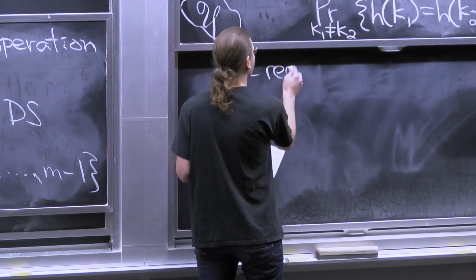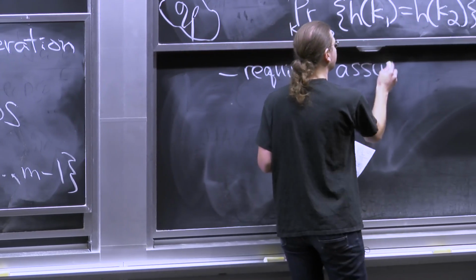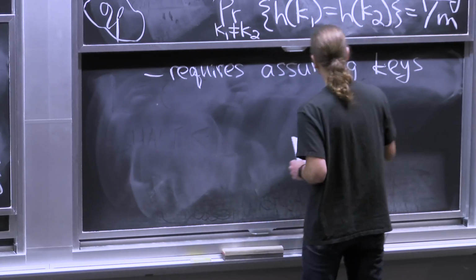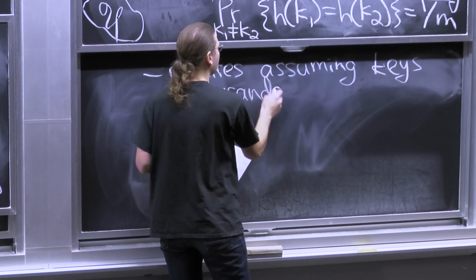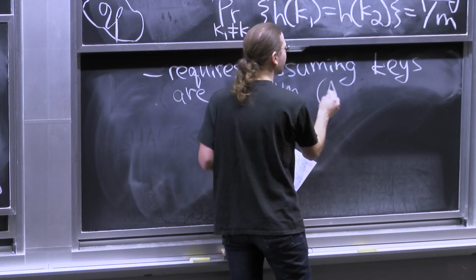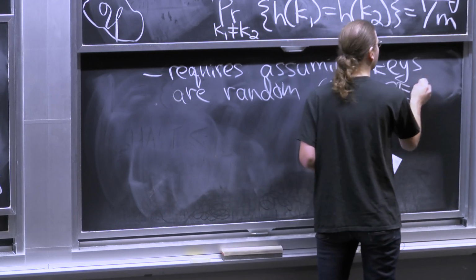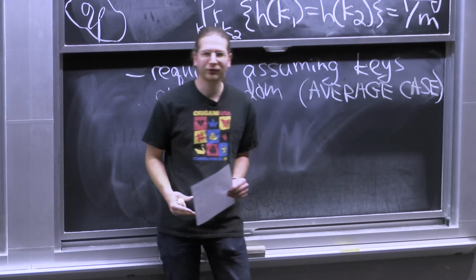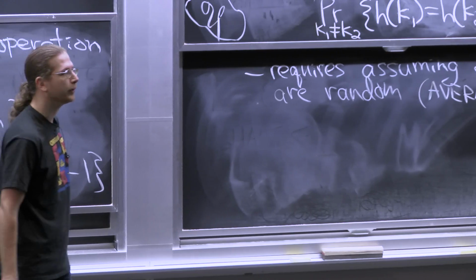So this assumption requires assuming that the keys are random, and this is what we would call an average case analysis. You might think that average case analysis is necessary for randomized algorithms, but that's not true.